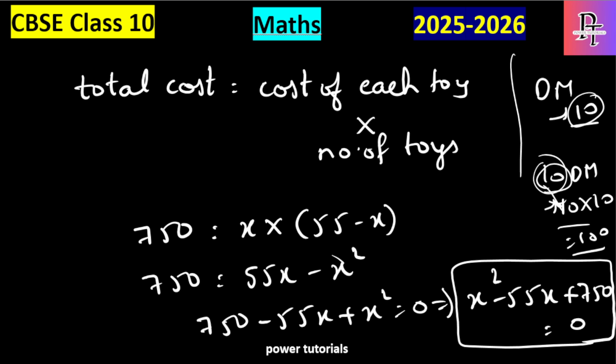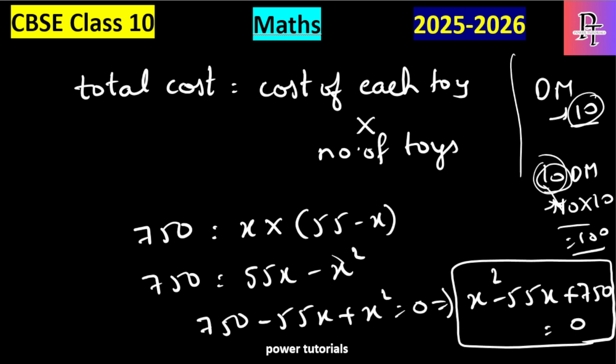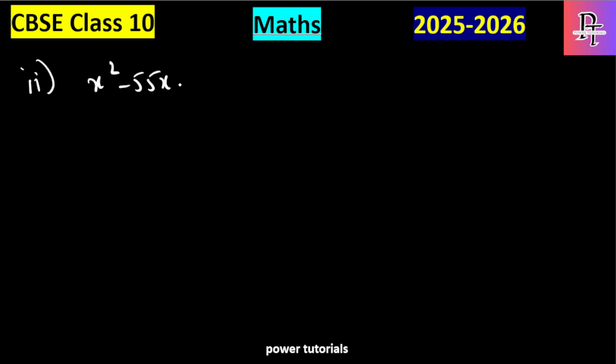Okay, x square minus 55x plus 750 we're going to solve now.